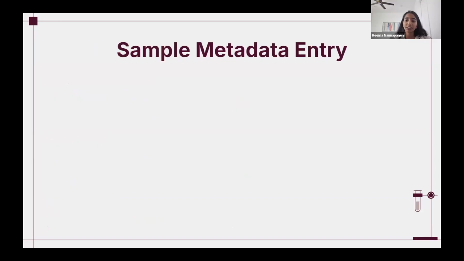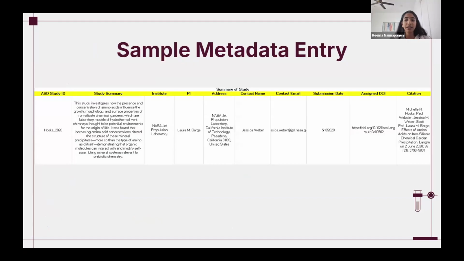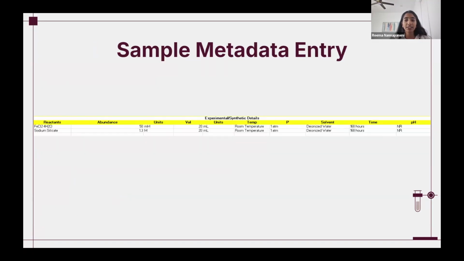So as a part of my research this summer, I read through many research papers and I also reached out to authors to collect their raw data and model what a sample data entry might look like in the ASD. First, I included information about the study itself, such as the author information and the abstract. Then I included details about the experimental conditions, such as reactants, concentrations, solvents, and temperature.